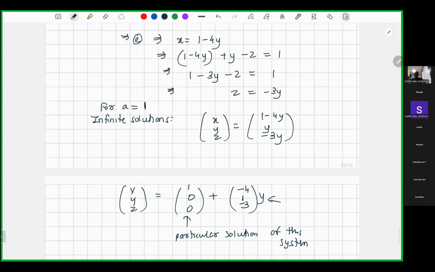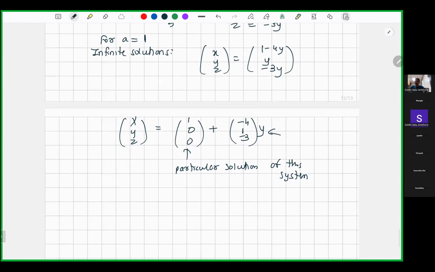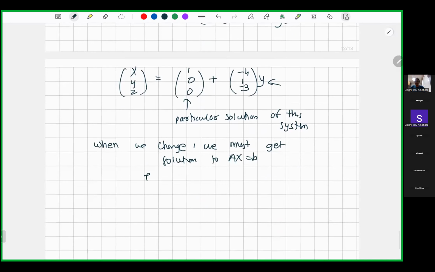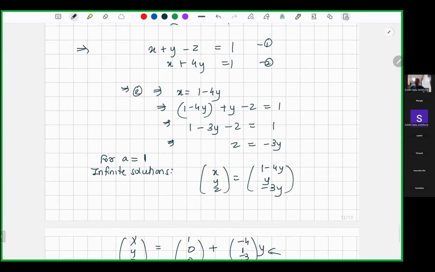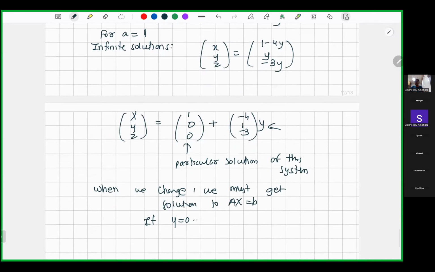But see, what I was saying is the way I vary y, it will give me a new solution every time. So when we change y, we must get solutions to Ax is equal to this b. And if we choose y is equal to 0, because depending on y my x and z are changing, this particular solution becomes 1, 0, 0.